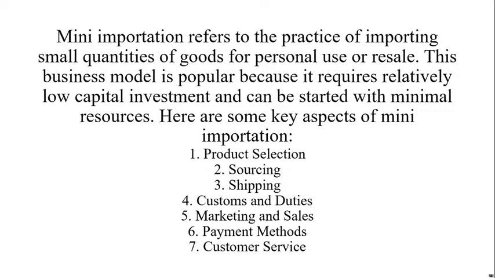We are going to be looking at sourcing, how you can source for the right items that you want. We are going to be showing you also how you can ship these products to your country. Now, before it gets to you, it has to pass through the customs. So we also look at what is required to clear your items right there at customs. So we are going to be doing that.